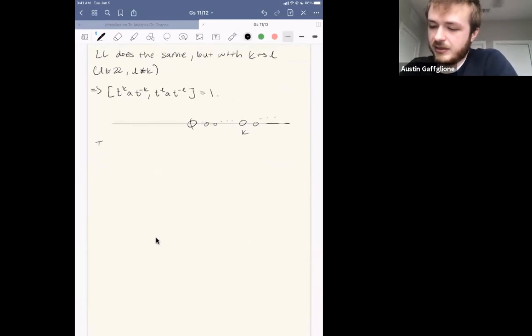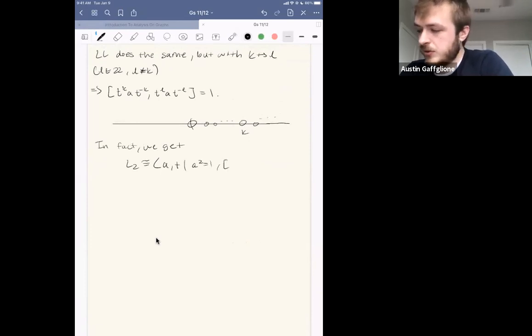So in fact, we get L2 is going to be isomorphic to presentation A and C. So A squared is equal to 1. And then we have this commutator relation.